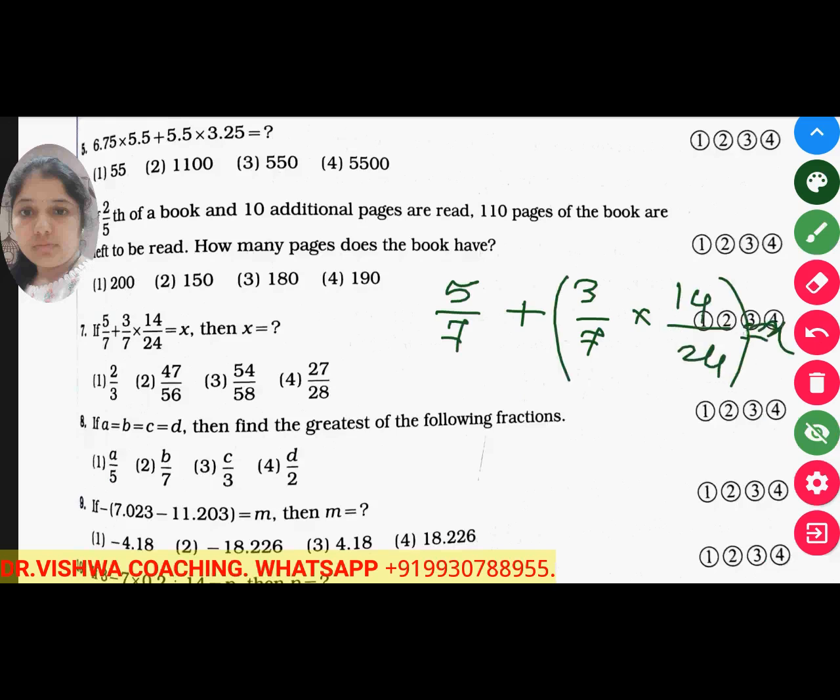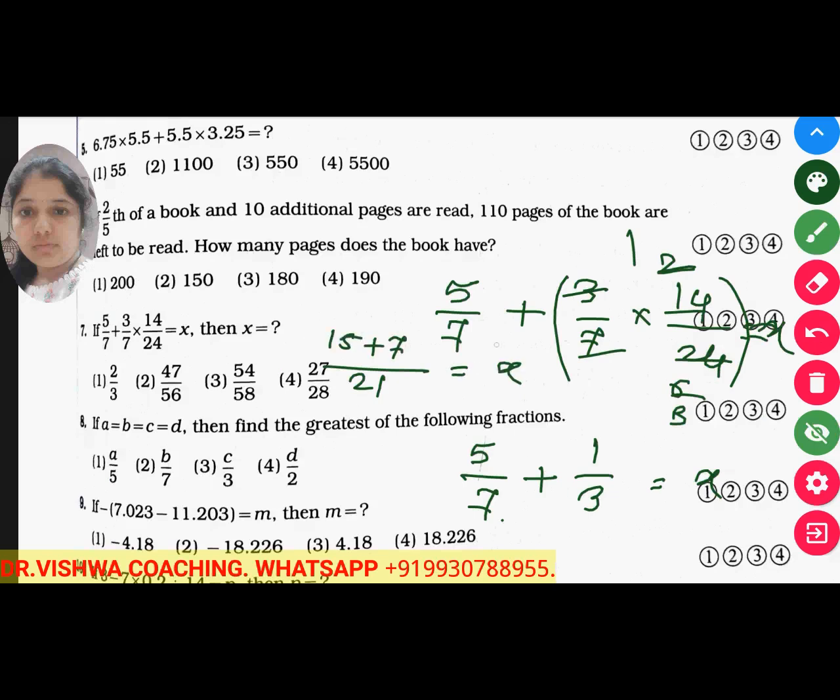Now first do the multiplication. Okay. Now 7 2s are 14 and 3 8s are 24.